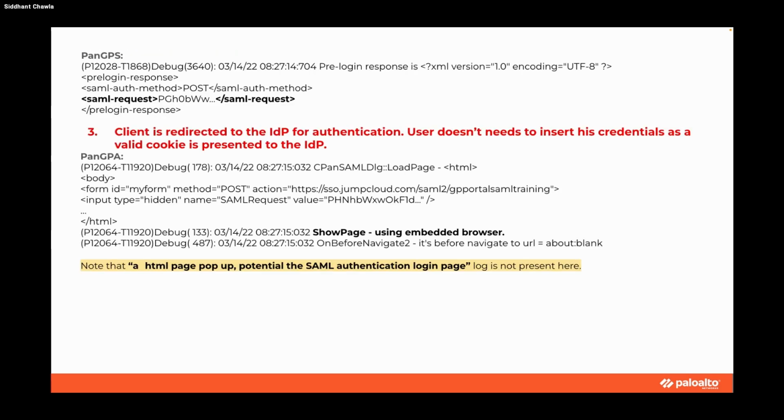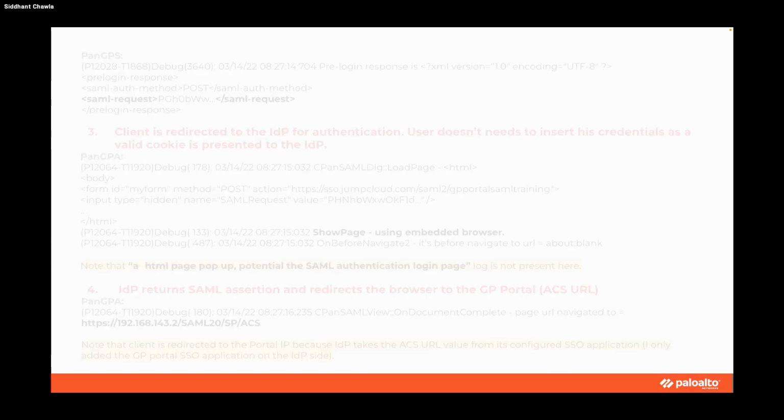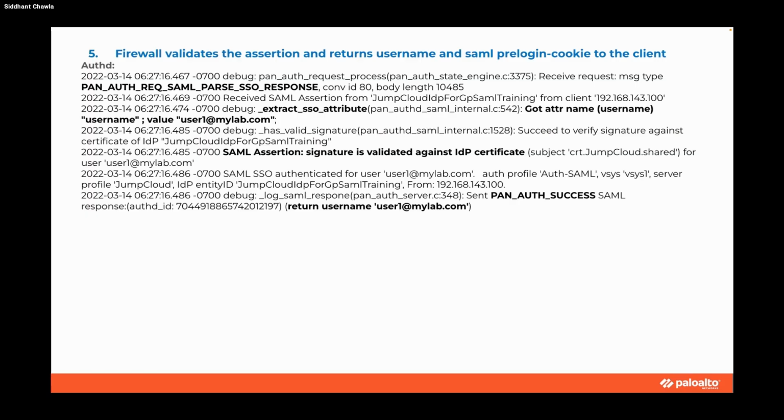So we saw that in the second attempt we don't see a pop-up message because it is using the pre-login cookie to log in to the GP. In that case, we are not entering the username and password, so we don't see that HTML pop-up again. Second time also, for gateway authentication, we will see SAML authentication.